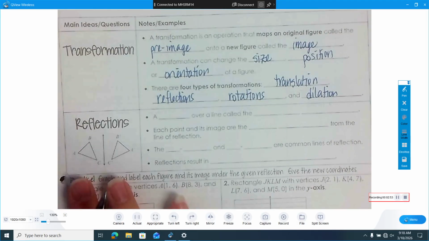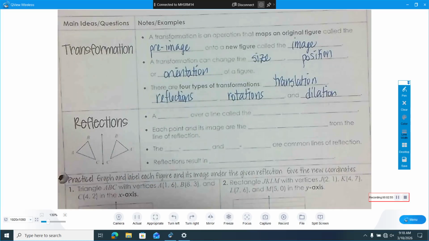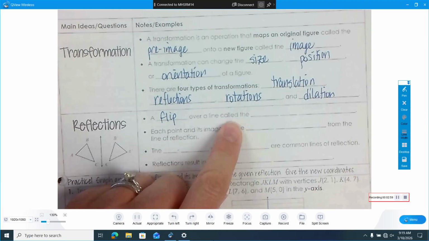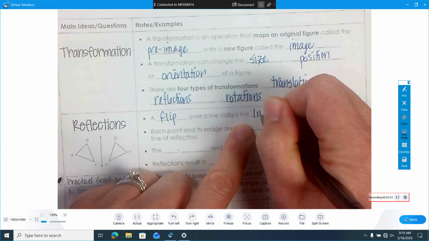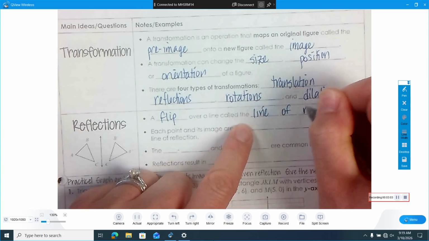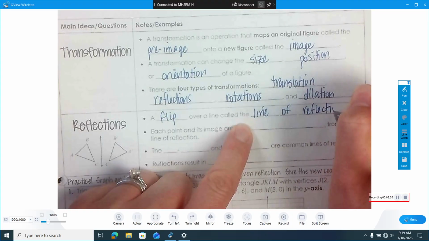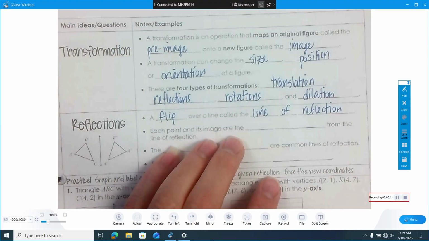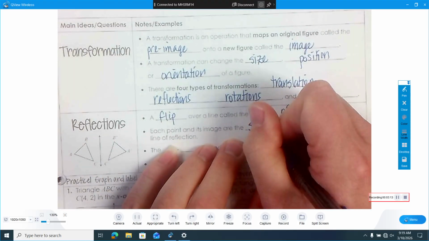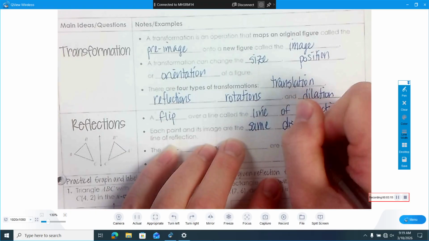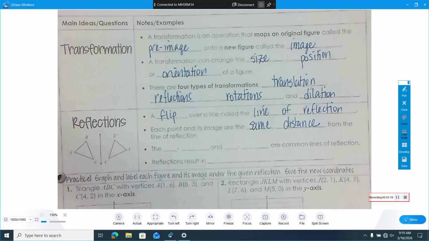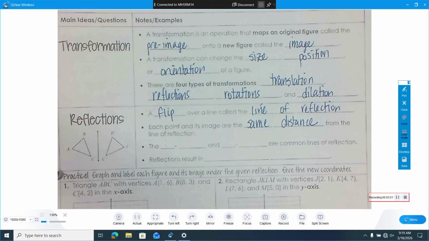So here we are talking about reflections. A reflection is a flip over a line called the line of reflection. It's like the mirror that's reflecting over. Each point and its image are the same distance from the line of reflection.